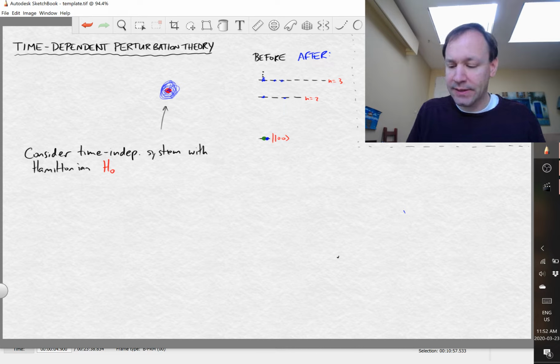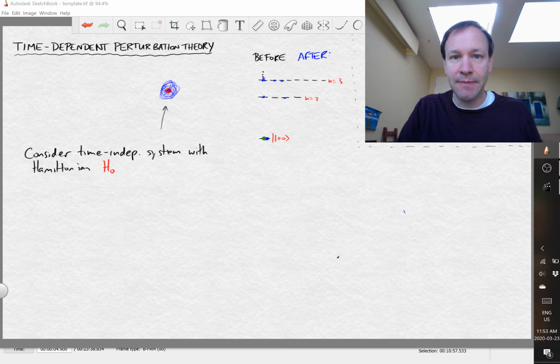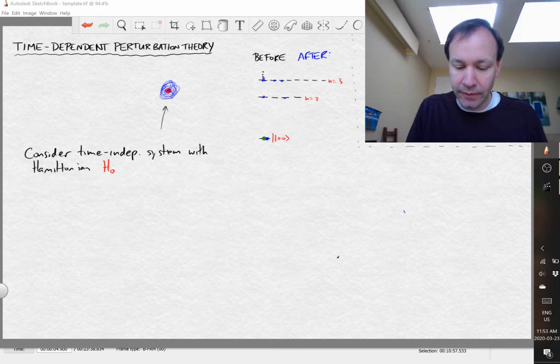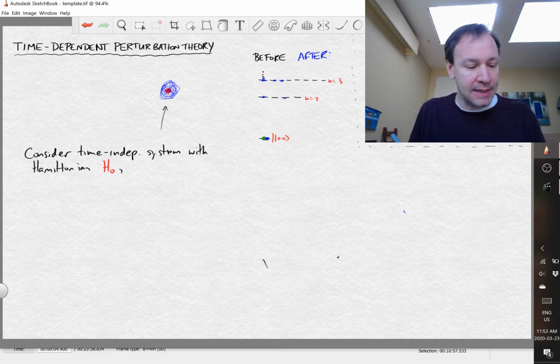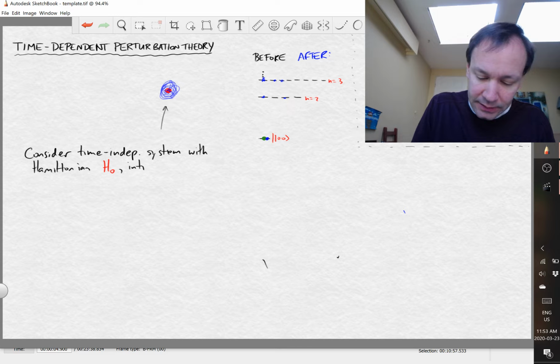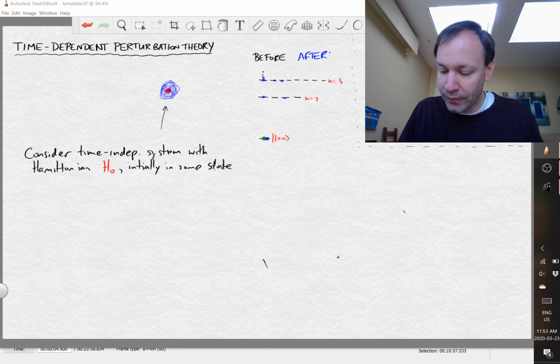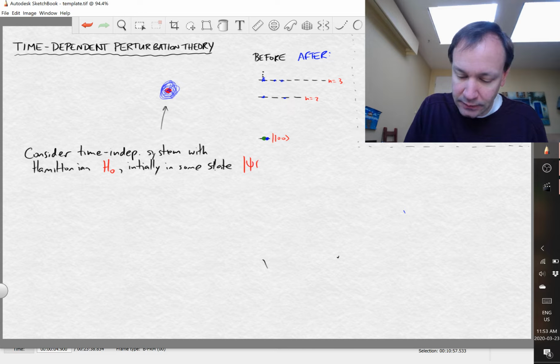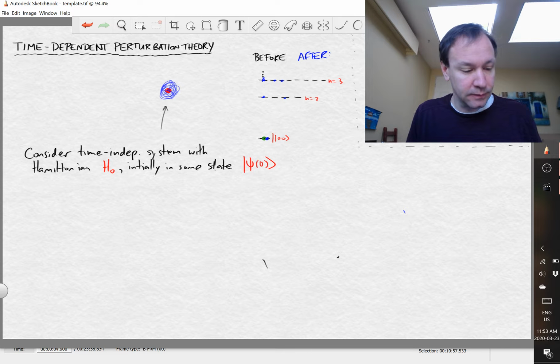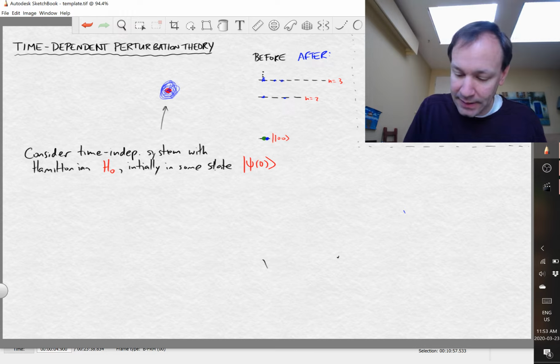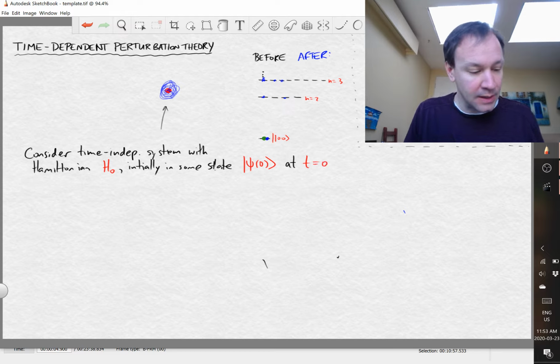Okay, and so this sounds a bit like the time-independent perturbation theory that we talked about before. And let's imagine that we also know the initial state. So initially in some state that I'll call psi of 0. Okay, and let's call that initial time 0, so at t equals 0.